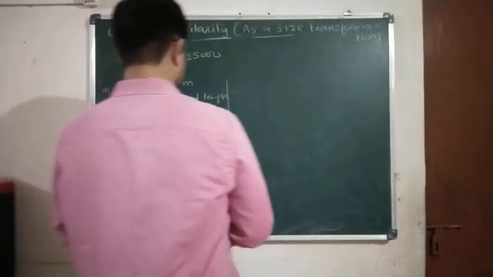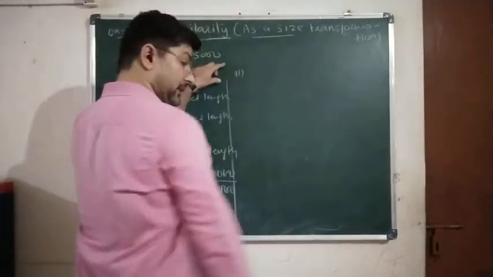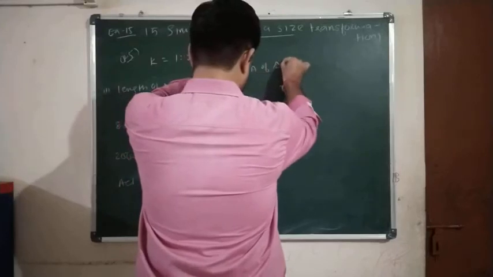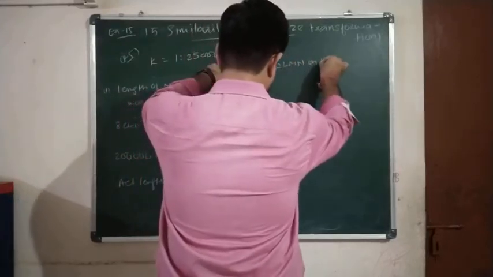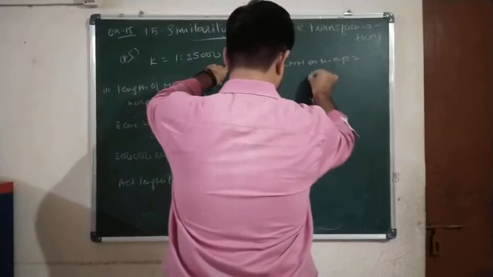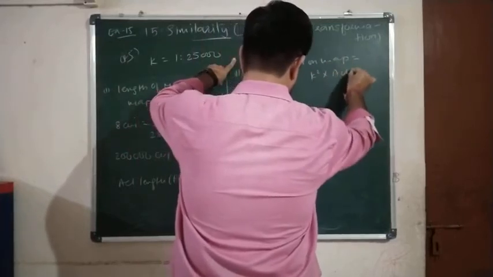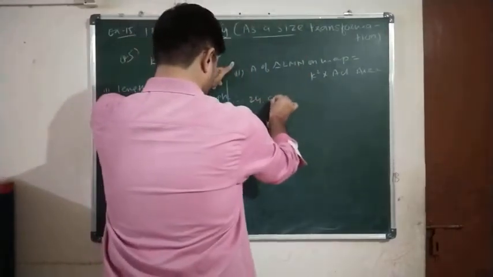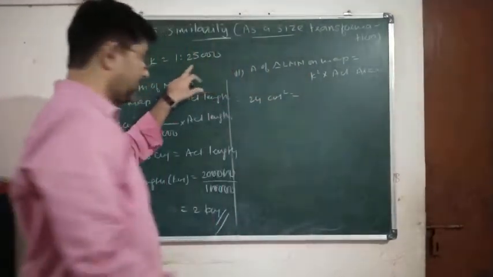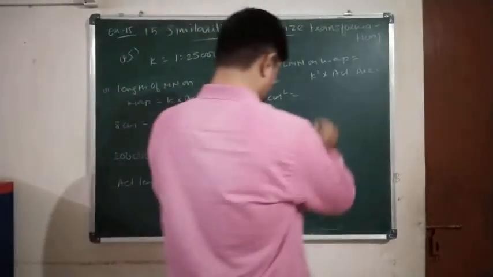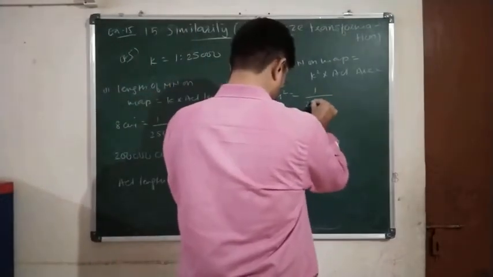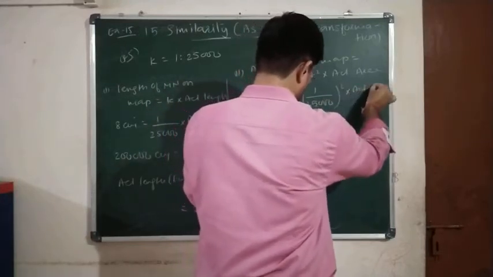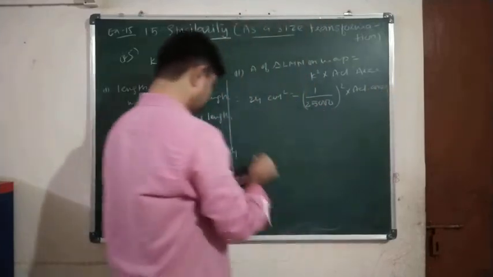Now the second answer, area. So let us again put the formula. Area of triangle LMN on map is equal to k square into actual area. The area on map was 24 square centimeters. K square, that is 1 upon 25,000, the whole square, into actual area.